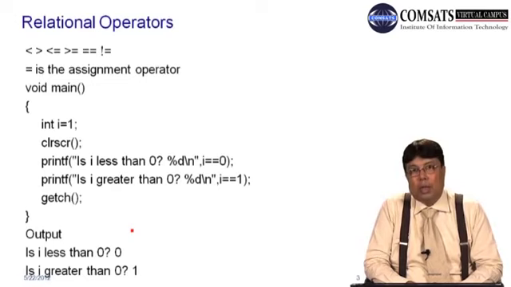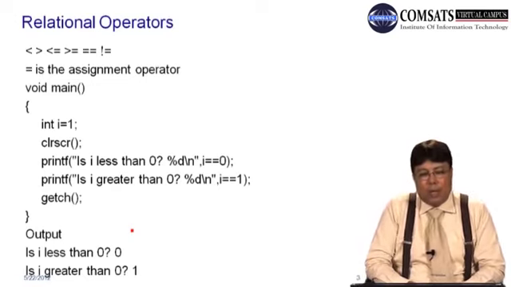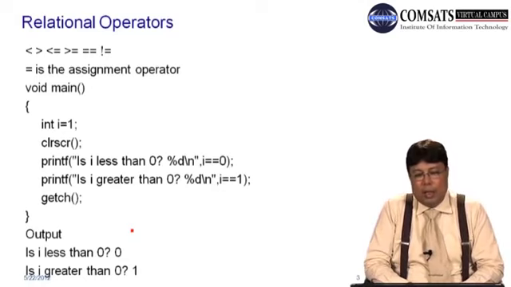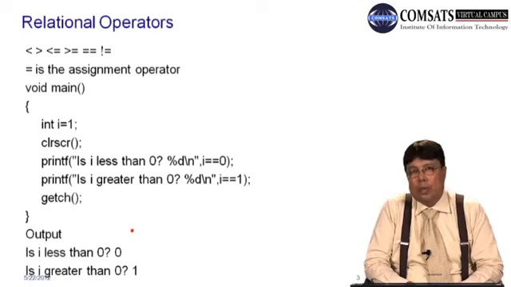But if it is false, then the output should be 0. Since we have initialized i equal to 1, is i == 0 true or false? It is false. Therefore the system will print "Is i less than 0?" and the answer is 0, which means it is false.